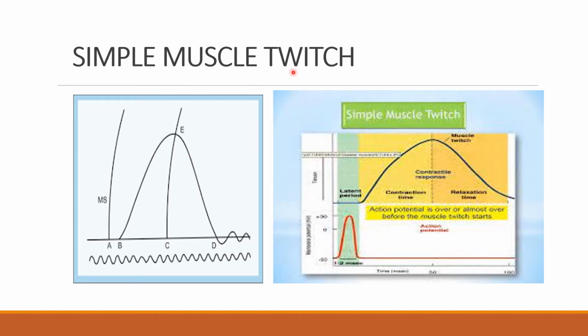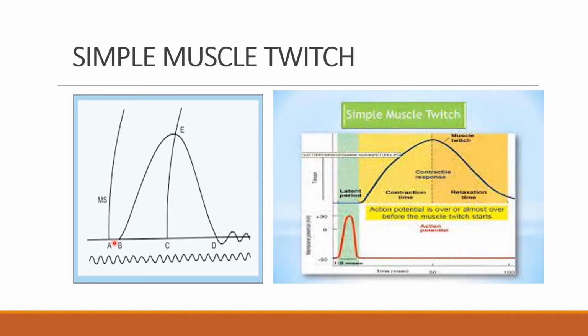The twitch is the momentary contraction of the muscle in response to electrical stimulation. This is observed in the frog while we are doing the experiment, and what is recorded on the graph is called the simple muscle curve.